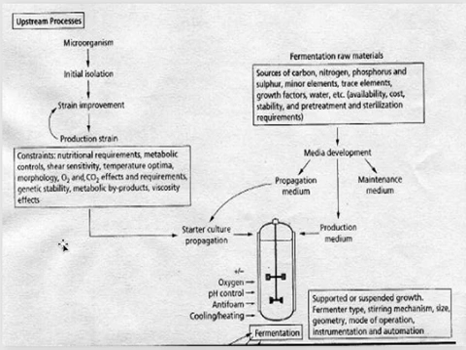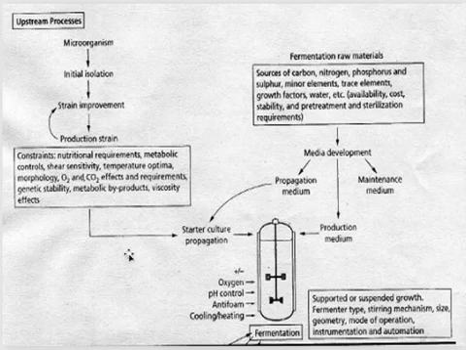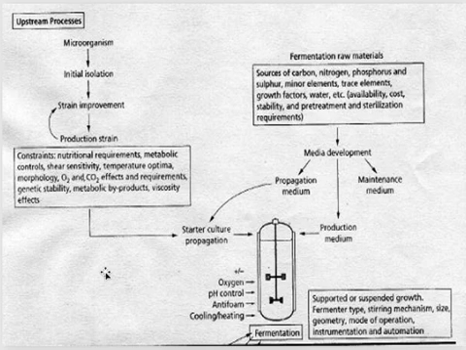You have to check the genetic stability, the metabolic byproducts of your strain, and also the viscosity effects, because in the final fermenter there will be certain viscosity. You have to check what kind of effects that viscosity can have on the production capability of your strain.